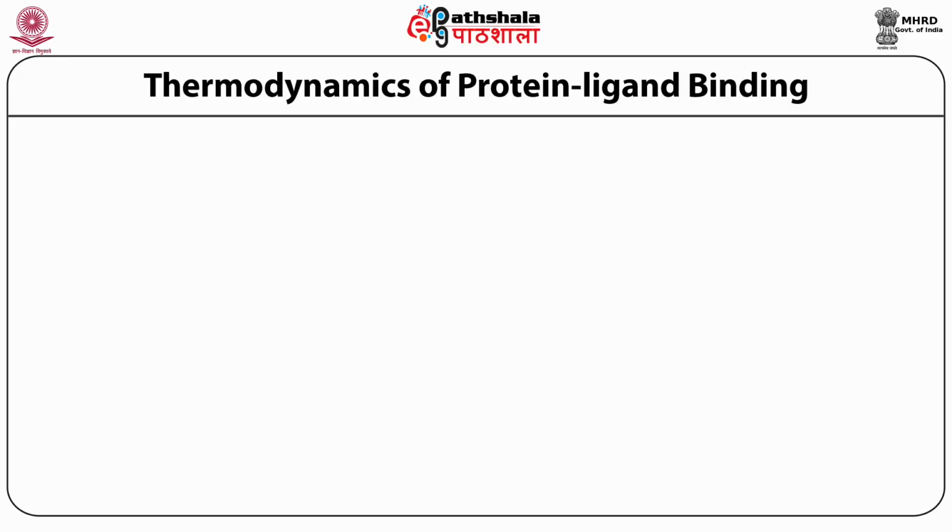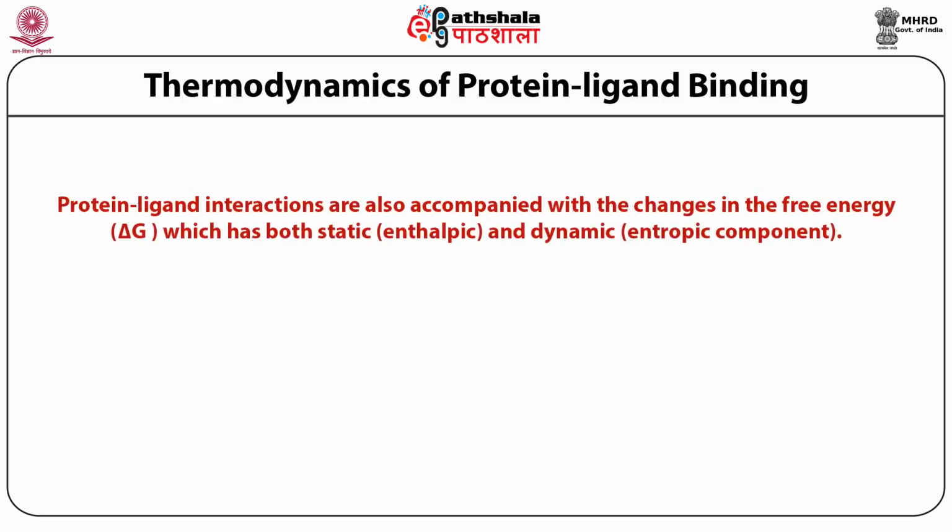So, whenever a ligand binds protein, it is accompanied by change in free energy. And as we know that change in free energy has two components, one is enthalpic and entropic.